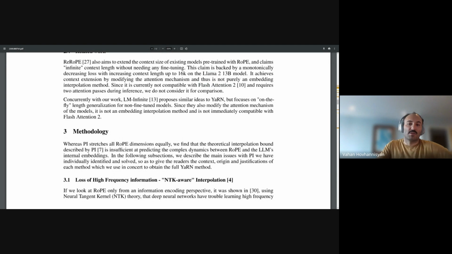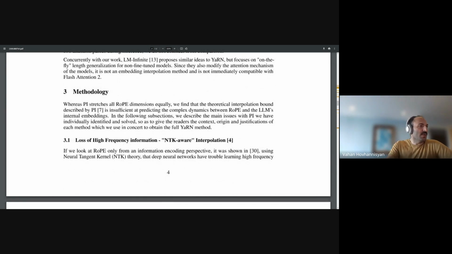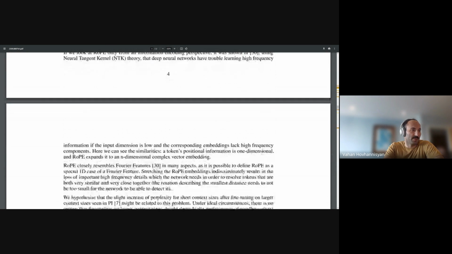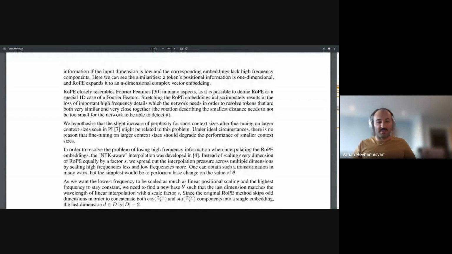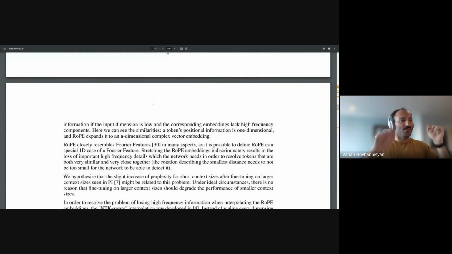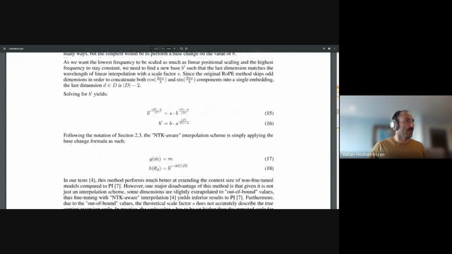Cool. Thanks, Arinda. Okay, back to the method. If I talk about interpolations, we mentioned this briefly, the loss of high frequency information. What they observe is that if you have high frequencies, I wish they had a diagram here, that would be nice.